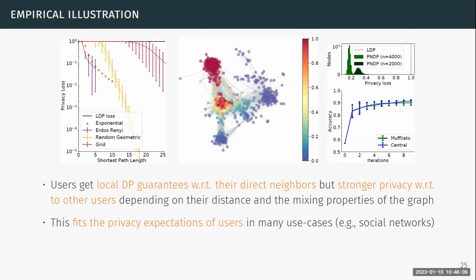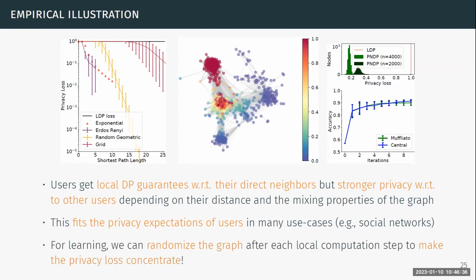So this is showing the privacy loss of a node in this cluster with respect to all other nodes in the network. This is on the Facebook ego graph. And we see that there is local DP with respect to the users in the community because they are directly connected. But as you go to other communities, the privacy loss reduces a lot. And it's close to zero, meaning that this person reveals almost nothing to them.